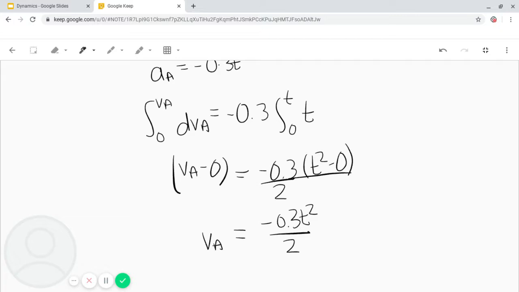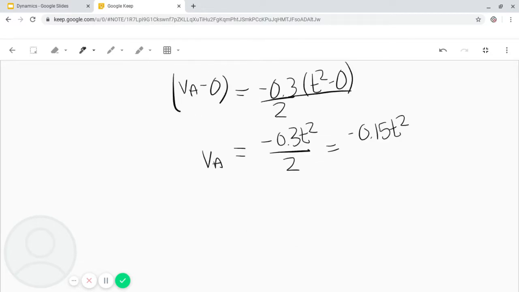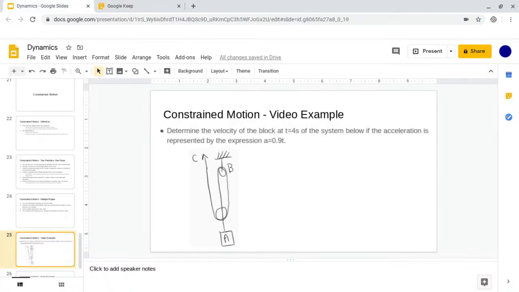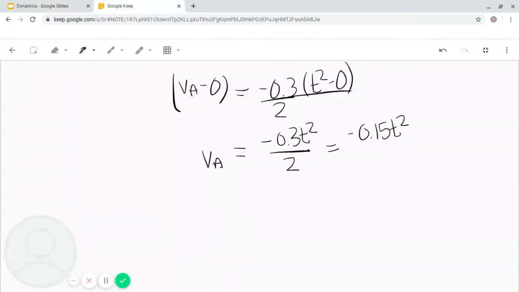And this can simplify just to be negative 0.15 t squared. And then we want VA at 4 seconds. So VA equals, and then we just replace t with 4.